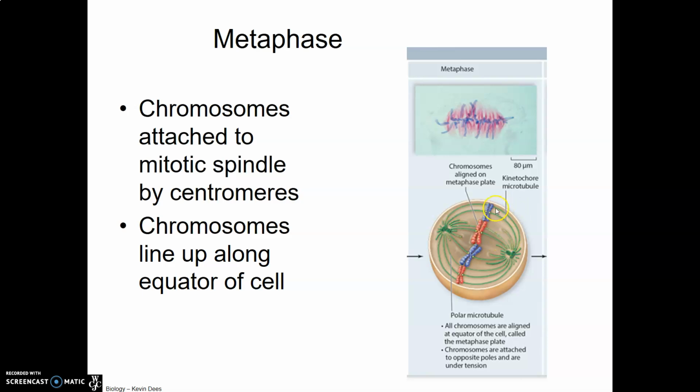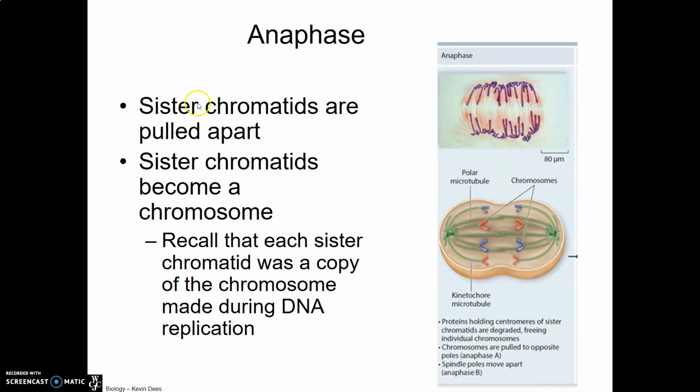Recall, these chromosomes consist of pairs of sister chromatids held together by the centromere, and these centromeres will now be attached to the mitotic spindle fibers that are produced by the centrioles. These chromosomes line up at the equator, or the center of the cell, during metaphase.